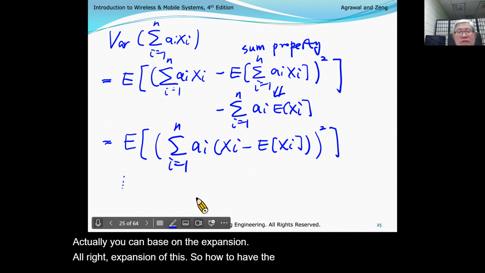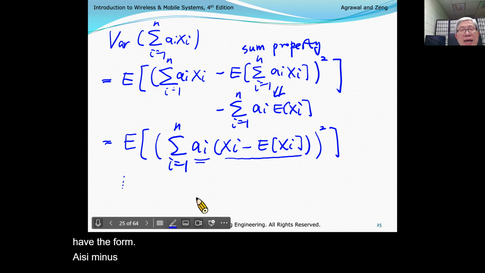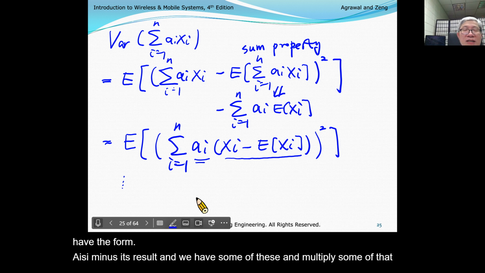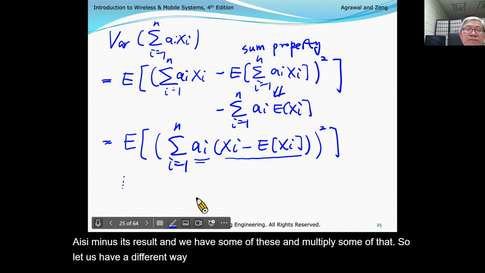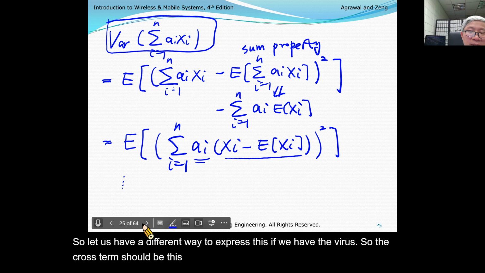Actually, we should have the form ai xi minus its expectation. And we have the sum of this and multiply the sum of that. So let us have a different way to express this if we have the variance. So the cross term should be this one. Let me erase.